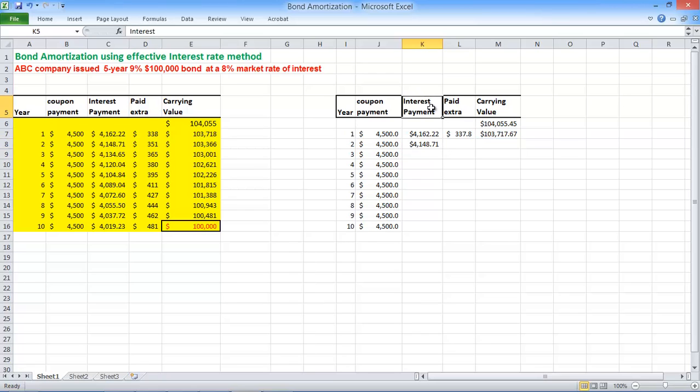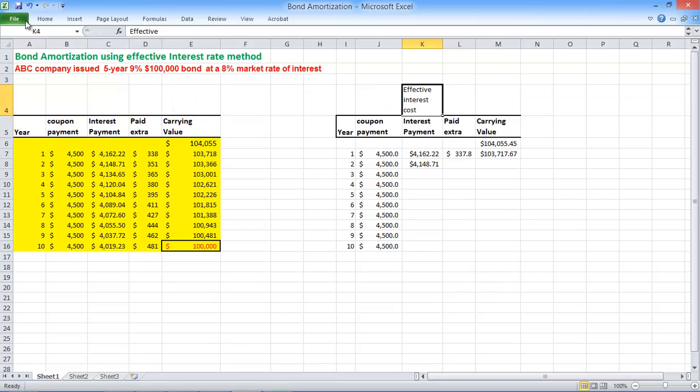Okay, let me write this for you. This is our effective interest cost.